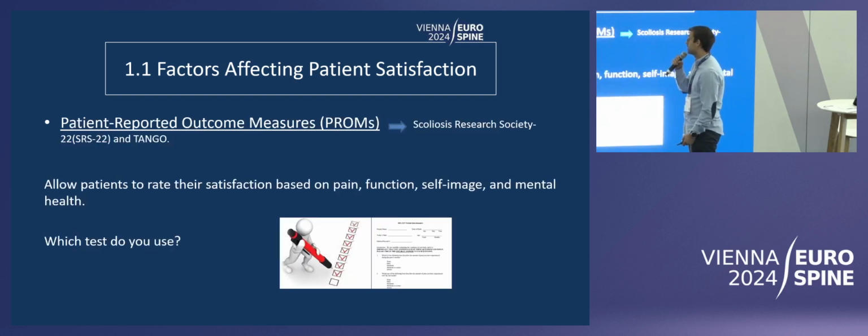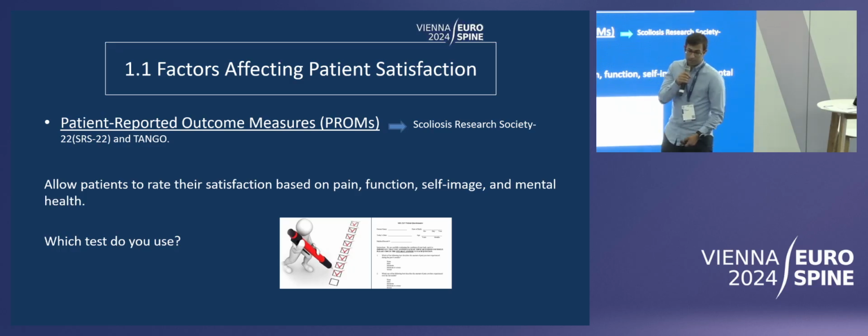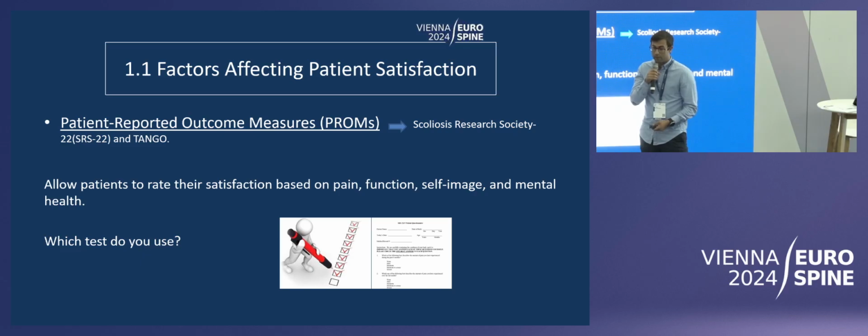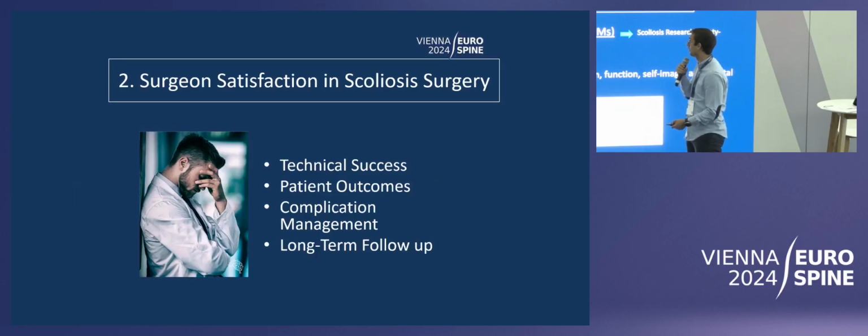And the last one is patient reported outcome measures, the PROMs. We use in Valencia the Scoliosis Research Society 22, and many people use others. This test allows the doctors to see the patient's satisfaction based on pain, function, self-image, and mental health. I don't know which test you use.